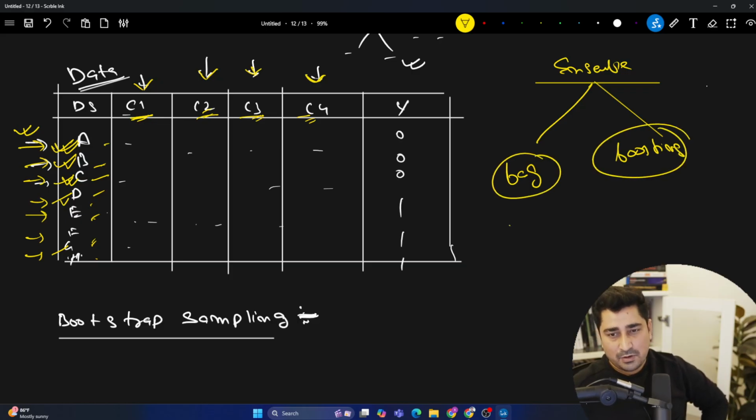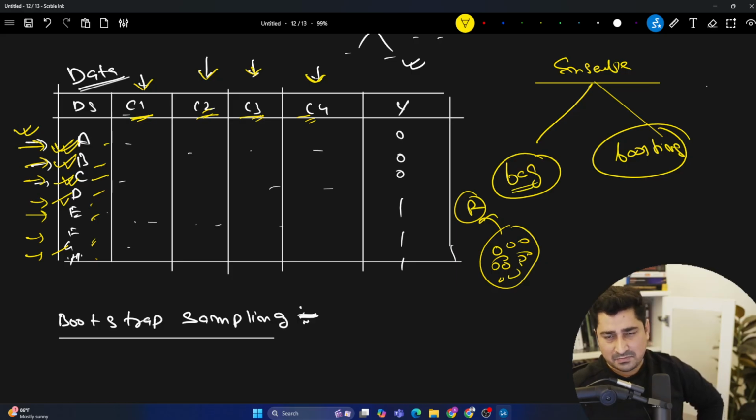Bagging means we are going to create one single bag, there will be multiple decision makers in it, all of them are going to make a decision, and finally I'll get the result. That comes under bagging. Again, just a buzzword, bagging.